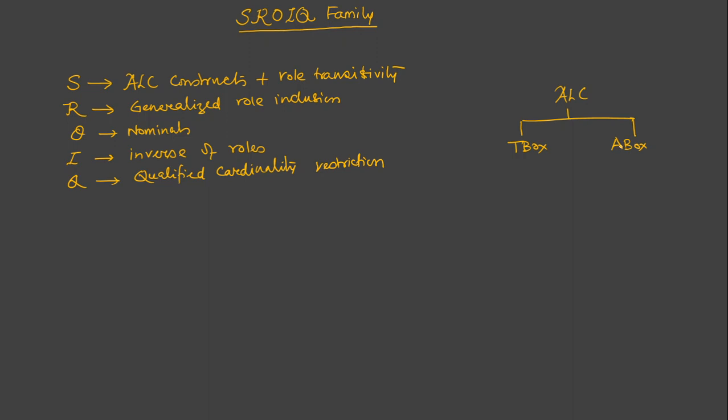We could have done the same for the SROIQ family, but looking at the level of detail in which it works on the roles and their relations among the different roles, the T box is separated into two more subcategories. One is the R box and the other is the T box in the simple sense.